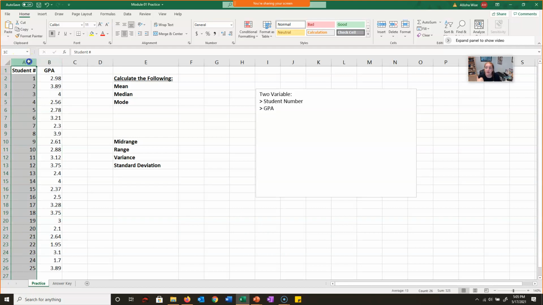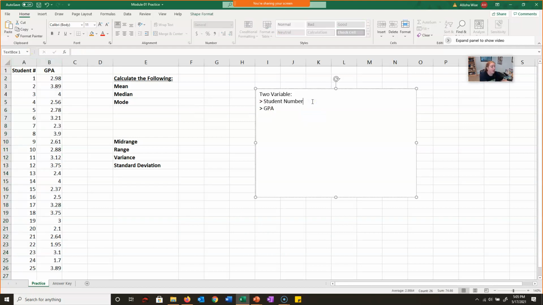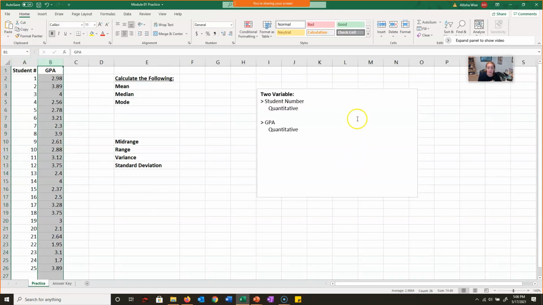So if they both have numbers, that means that both of these are going to be quantitative. So both of these variables will be considered quantitative, simply because they have number responses here.